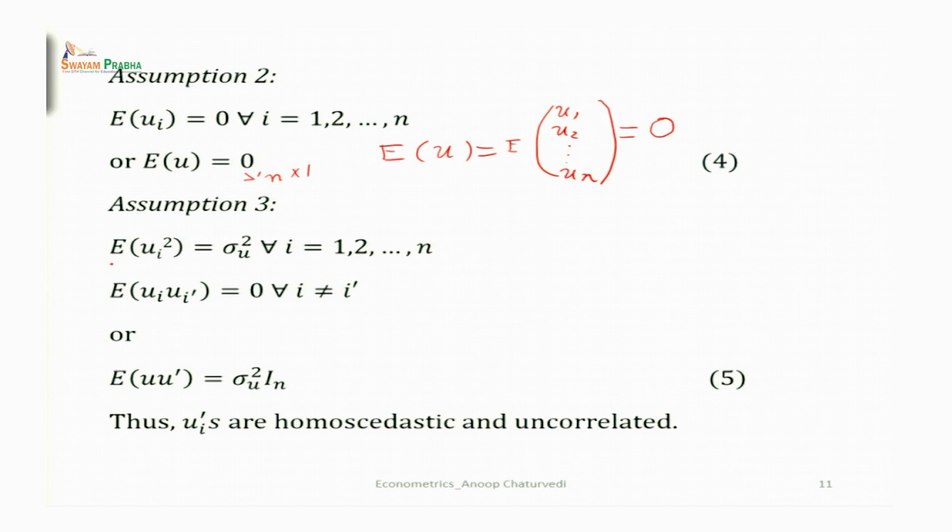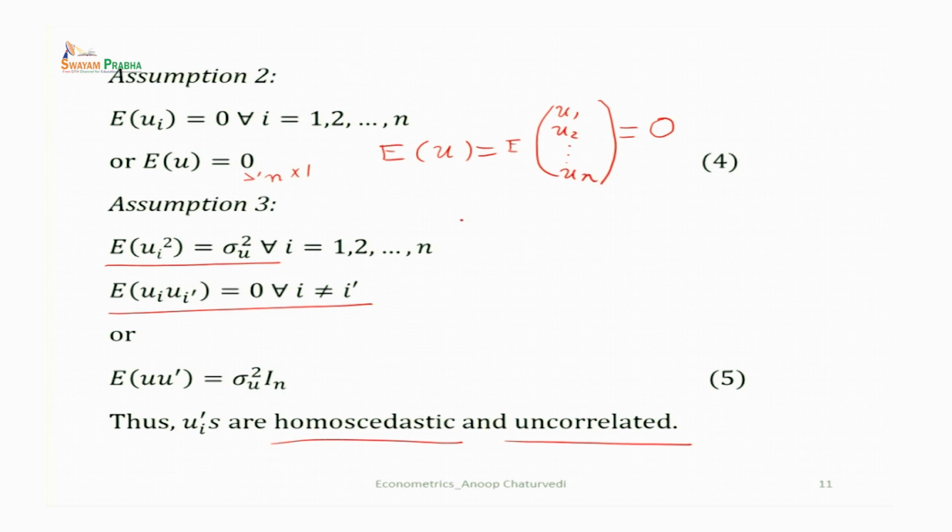So, this assumption implies that all the ui's have same variance sigma square u, and this assumption implies that ui's are pairwise uncorrelated with each other. All the ui's have same variance means ui's are homoscedastic. If all the ui's have same variance, then these ui's are called homoscedastic, and this assumption implies that all the ui's are uncorrelated with each other.